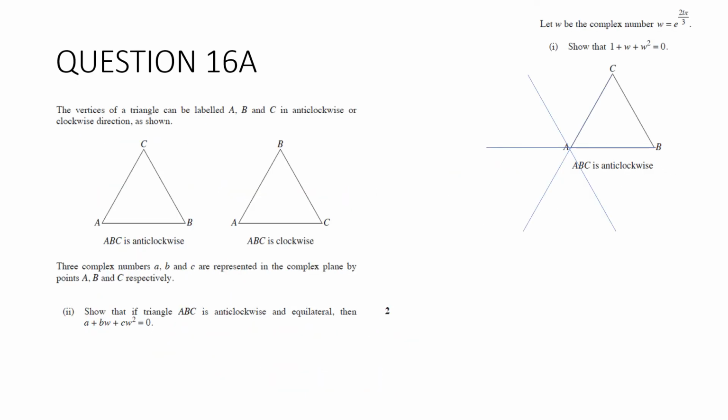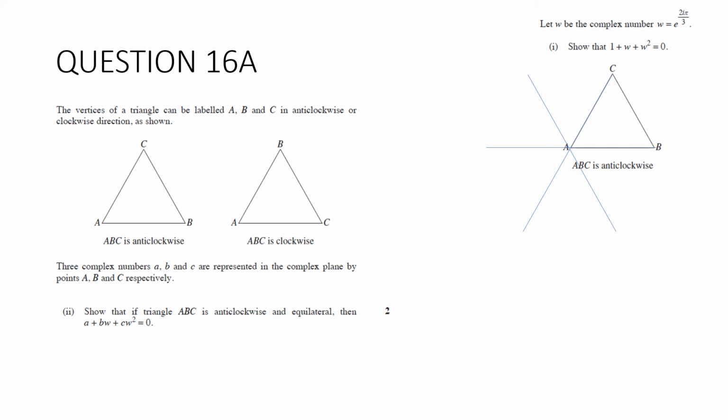The vertices of a triangle can be labelled A, B and C in anti-clockwise or clockwise direction as shown. Three complex numbers A, B and C are represented in the complex plane by the points A, B and C respectively. Part 2, show that if triangle ABC is anti-clockwise and equilateral, then A plus Bw plus Cw squared is equal to 0.